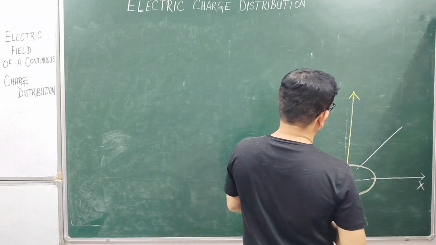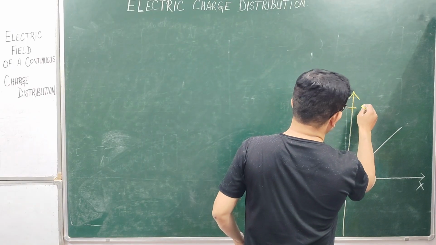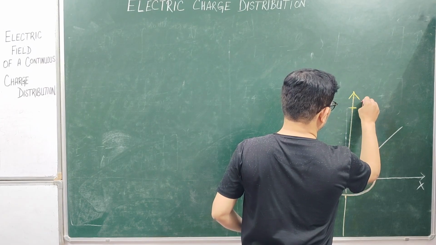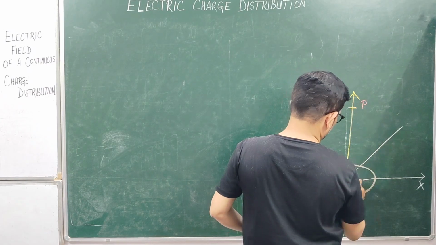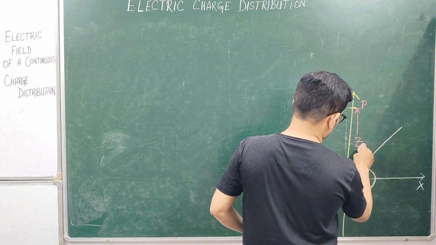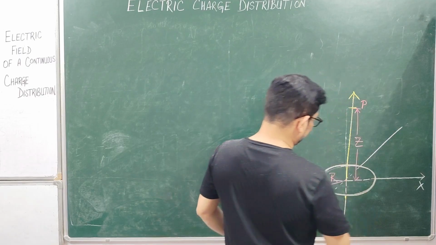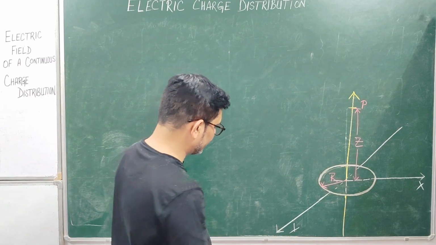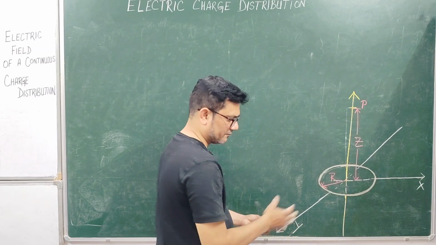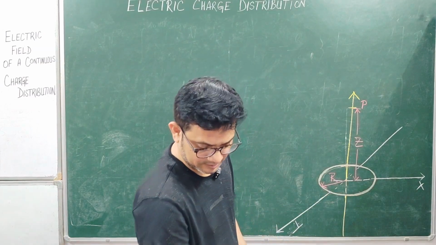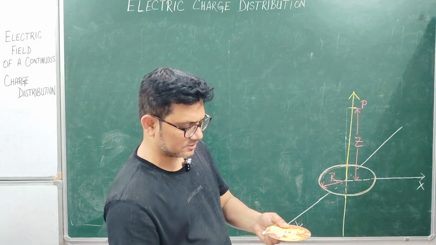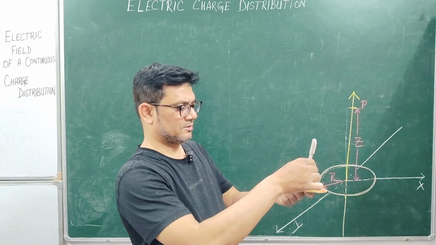And we are interested here to find the electric field which is at P, and this is at a distance, suppose Z, from the plane xy. So we have the xy plane here. Try to imagine this flat xy plane like this, okay, and the z-axis is like this.